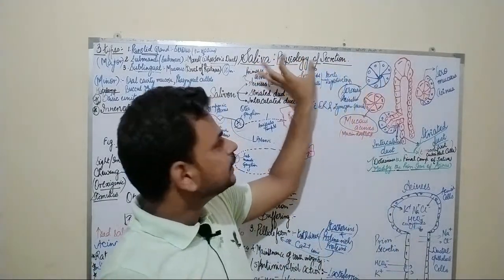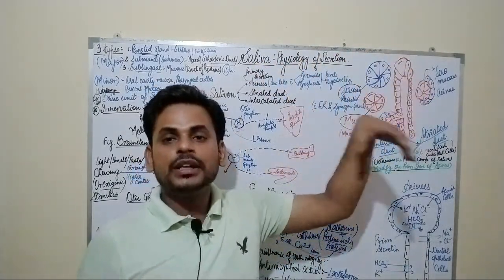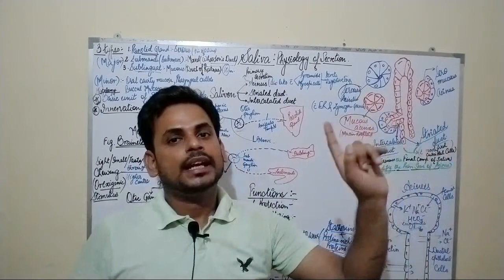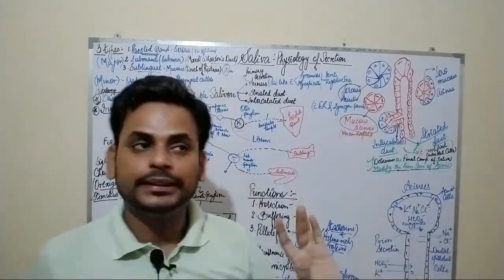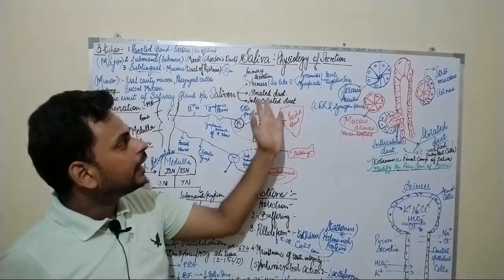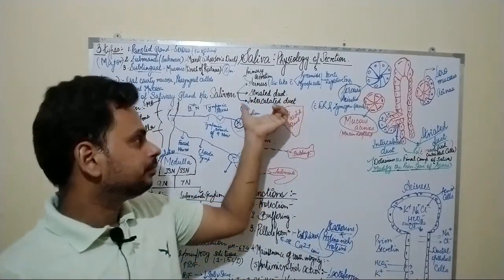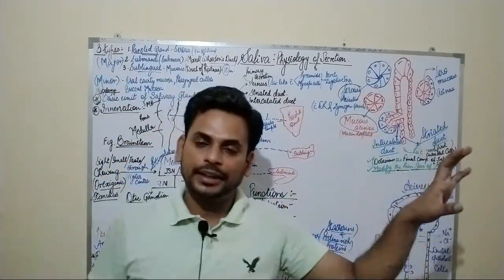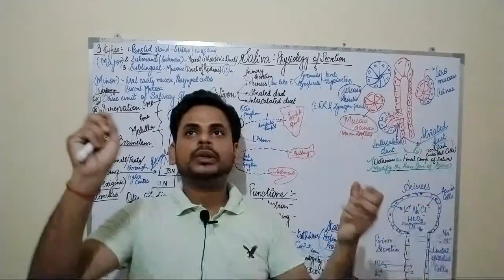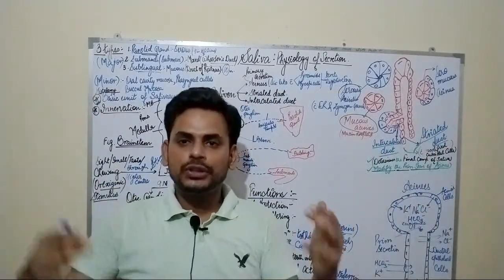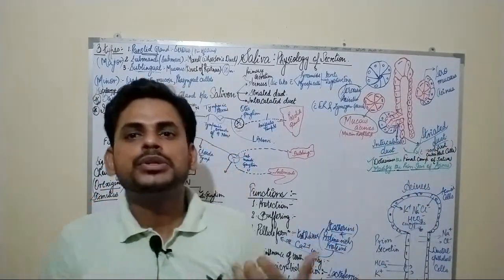So the acinus is a sac-like structure, and the secretion from an acinus is always called a primary secretion. In addition, there are certain ducts called the intercalated ducts. Intercalated ducts are those ducts which interconnect two acini.